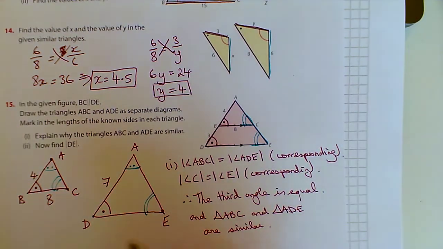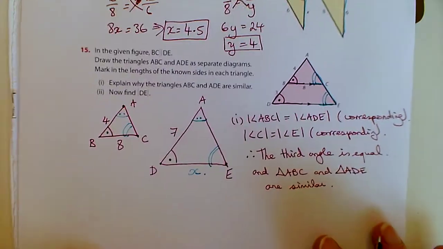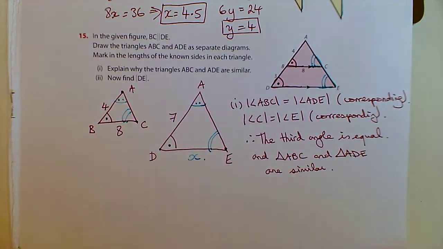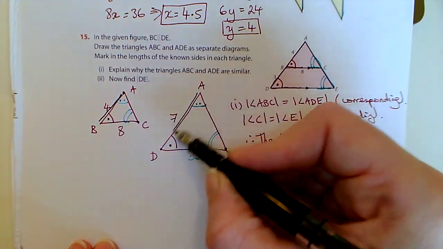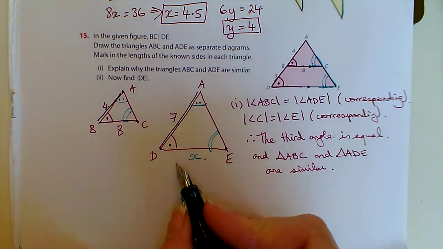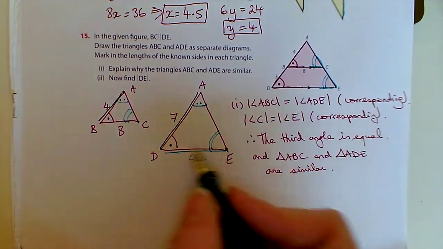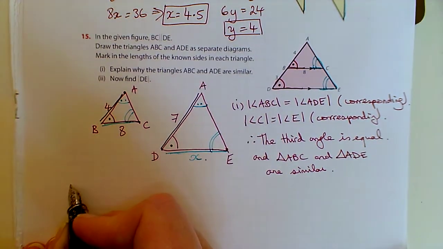Now they want us to find this distance here, which we're going to call X, so that it looks like what we've done before. And corresponding sides, well, I have them lined up already. This side and this side correspond, and also this side and this side correspond.